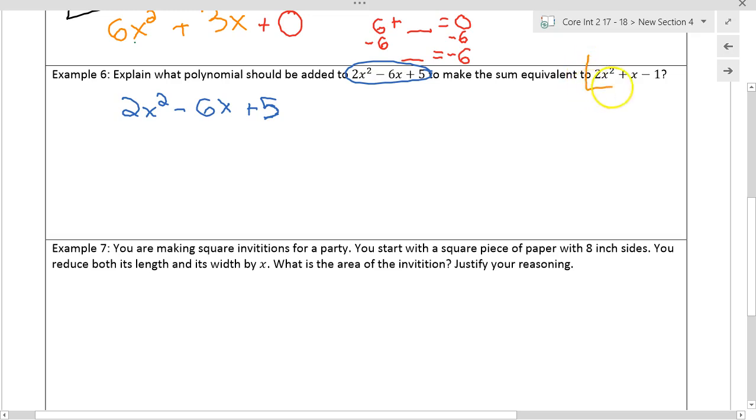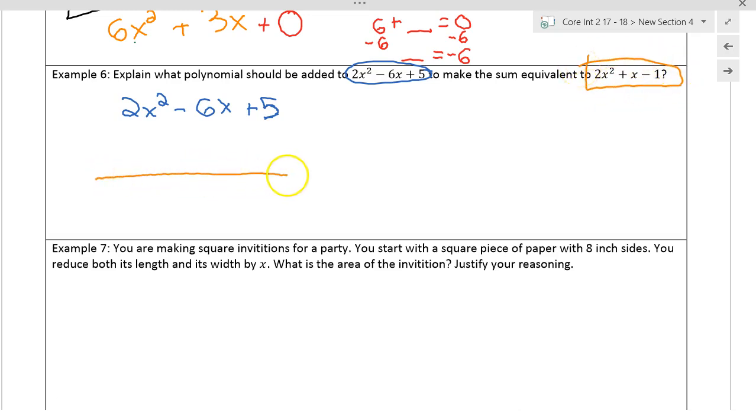And this is my answer, 2x squared plus x minus 1.